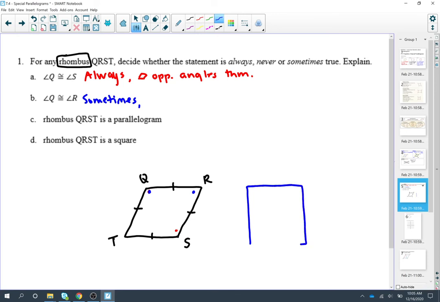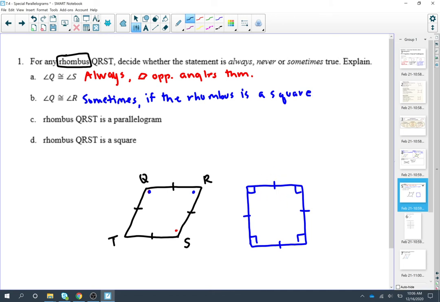All a rhombus has to be is a parallelogram with 4 congruent sides. Well, there's a rhombus with 4 congruent sides, and now what do I notice about those angles? This is actually a square. Well, guess what, people? A square is a rhombus. So sometimes, if the rhombus is a square, then they're all 90, so then they're congruent.